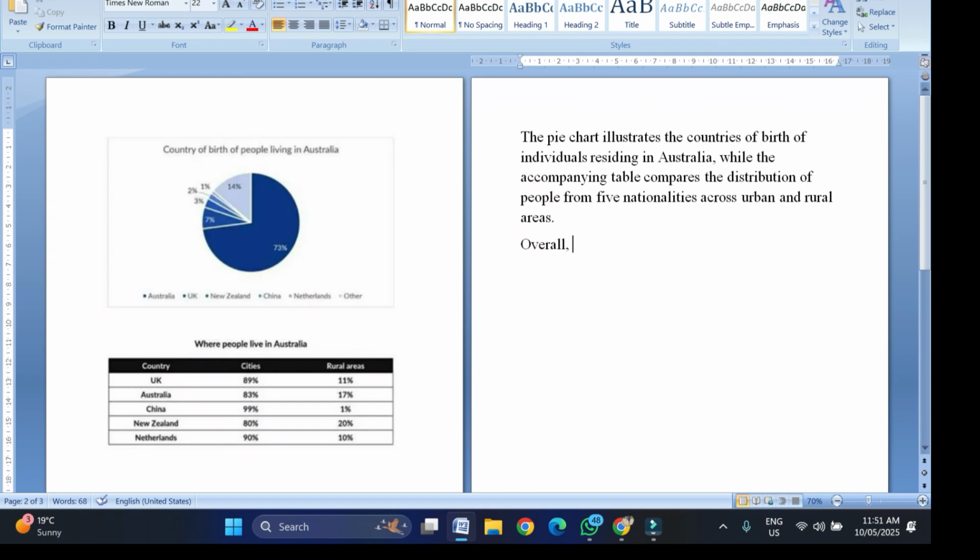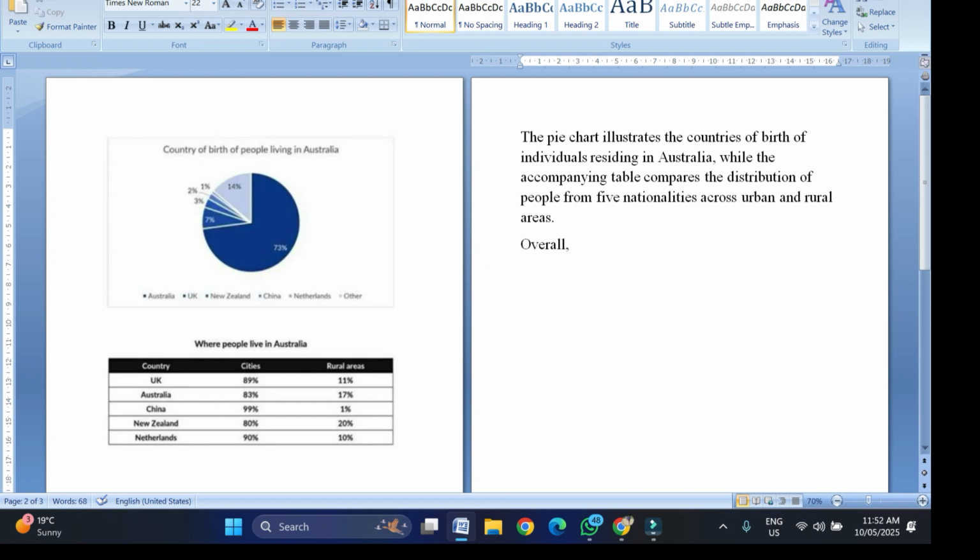If you do it like this, you can complete your Task 1 in just 15 minutes instead of 20 minutes. 5 minutes for understanding the image, what you want to write, and what the trend is, what's going on, and where the percentage is, which one is the highest, lowest, medium. Try to cover each and everything with simple words, right?